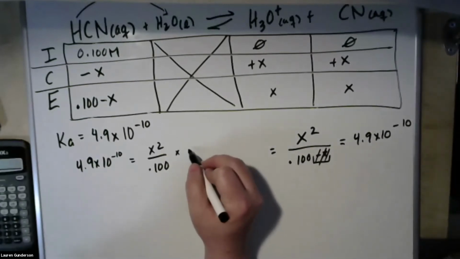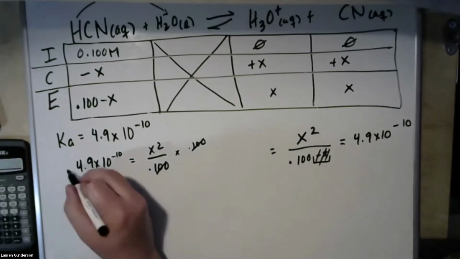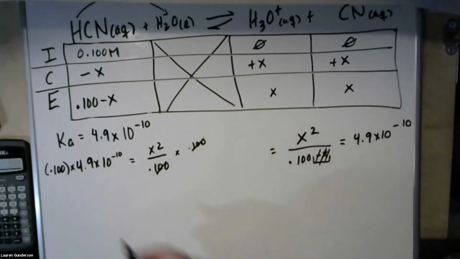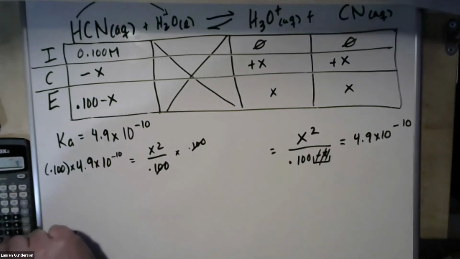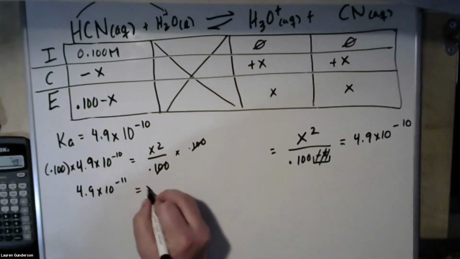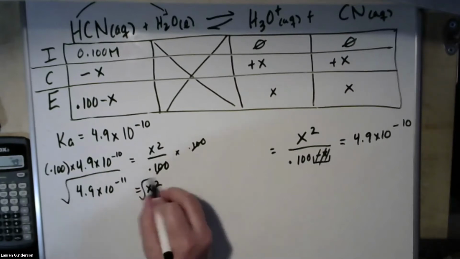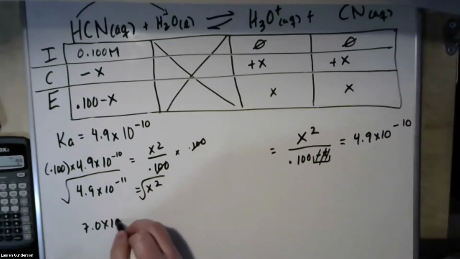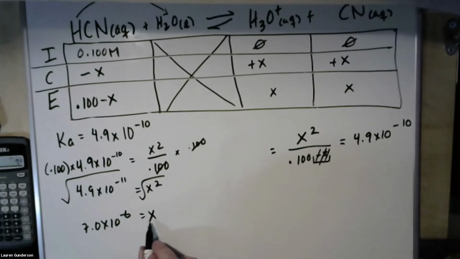Okay, so I'm going to multiply both sides by 0.100, and take the square root of this. Okay. And remember that these x values that you're solving for are these values here.